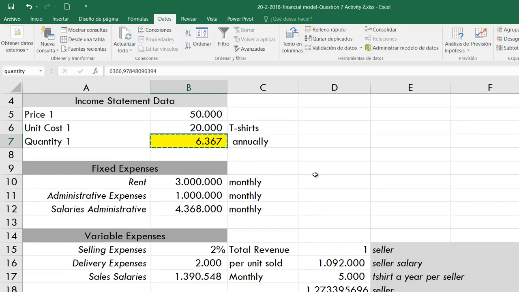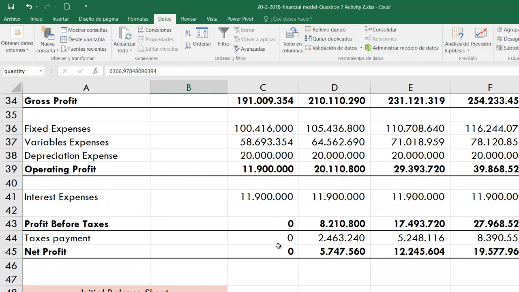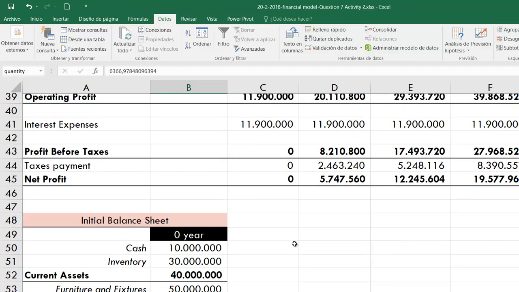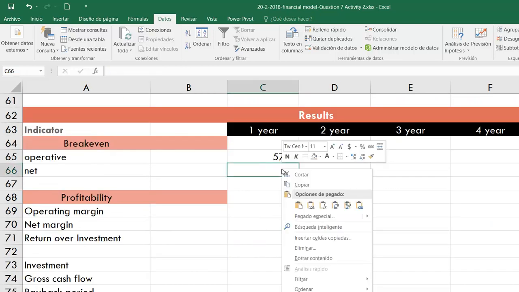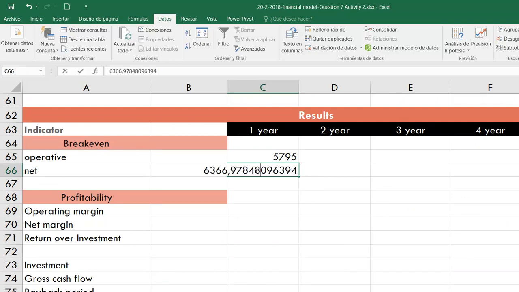So whenever we sell 6,367 on the first year, we make no net profit. So I should paste it here. Let's round it up to 7. So this will be my goal on the first year. I need to sell at least 6,367 t-shirts under the conditions selected on top, in order to break even, which is making no loss and no profit.